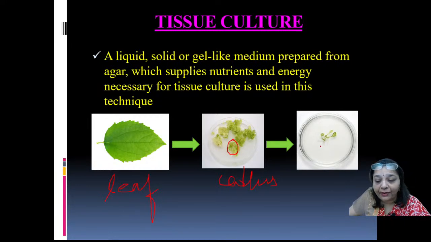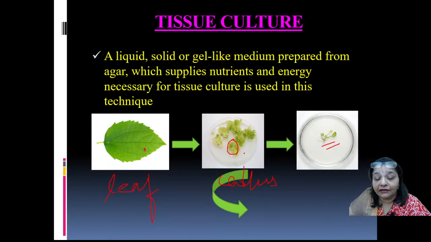Can you see a small plantlet here, a small sapling showing a leaf-like structure, stem-like structure and a root-like structure over here? Yes, this is the new plant, the plantlet that is developed through this callus, from a small portion of the leaf. Got it, all of you? Now this is how the basic tissue culture technique works.